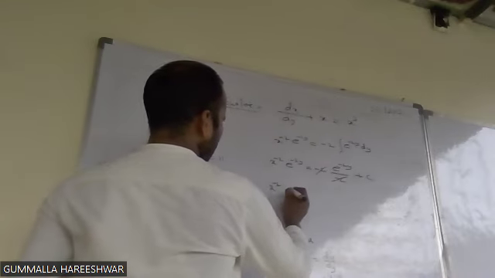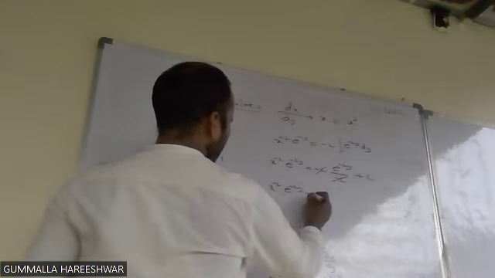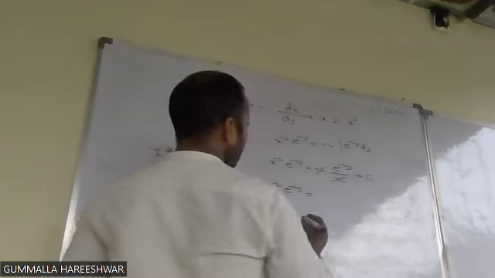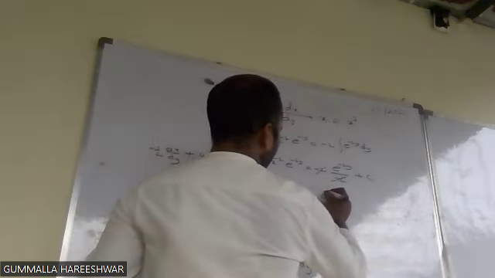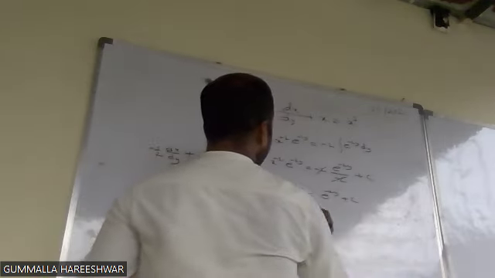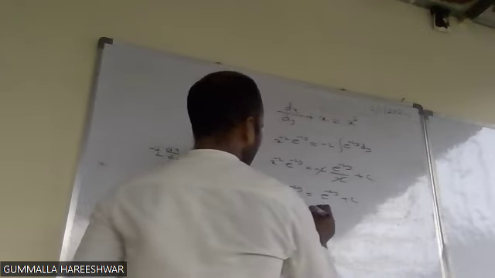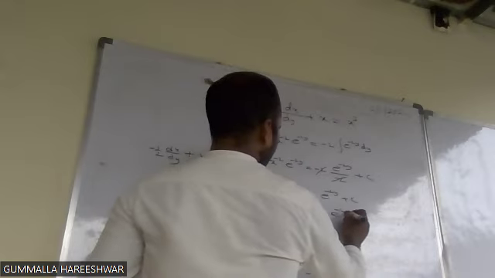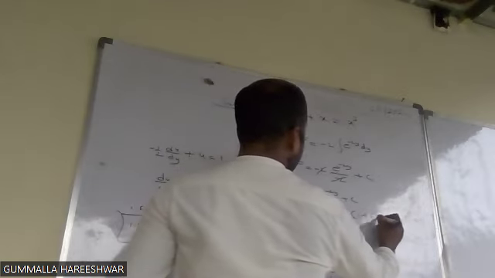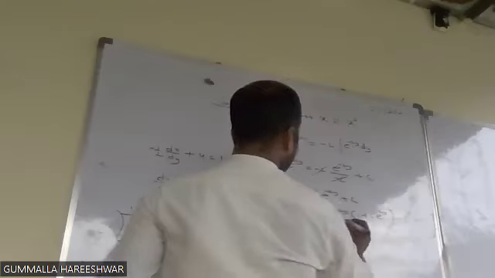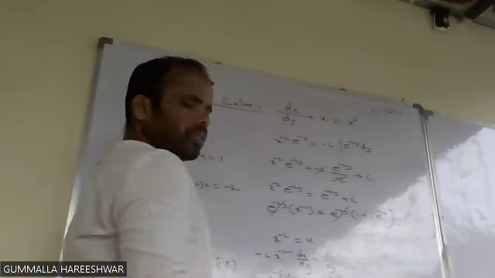x power minus 2 e power minus 2y over minus 2y. When I'm taking e power minus 2y common, 1 plus c over e power minus 2y, e power minus 2y is cancelled.